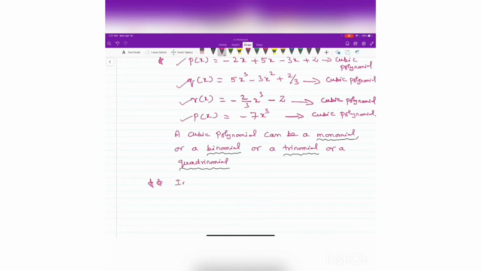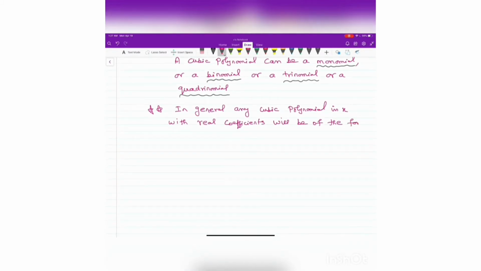So in general, next important point, or this is what you infer, any cubic polynomial in x with real coefficients will be of the form f of x is equal to ax cube plus bx square plus cx plus d, where the conditions are very important.